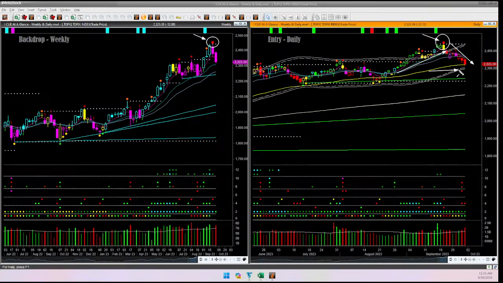Now it is at the yellow direction line. If it goes up from here, using the concept of pullback long setup, we may look to buy. If it falls down from here, I would not like to short now. It is too late to short because the recent swing high is far away. Where could we short? We could short using the bearish headwind reversal signal or using the bearish flow after bearish headwind.